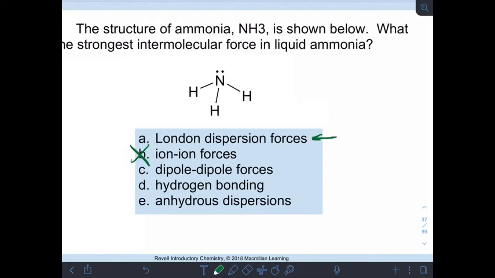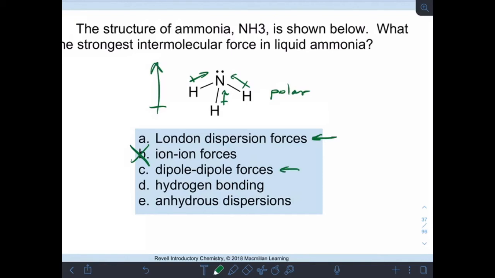So dipole-dipole forces, right? So if I look at ammonia, I've got the nitrogen is more electronegative, so a general pull in this direction because there's nothing pulling back down, which means that it's polar. So if it's polar, dipole-dipole forces are an option.